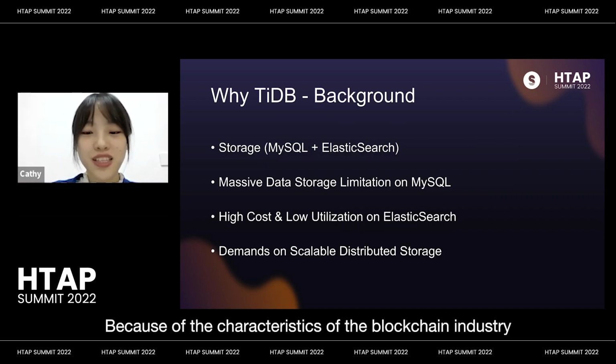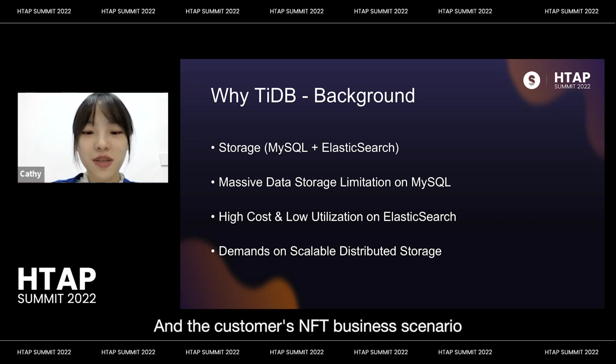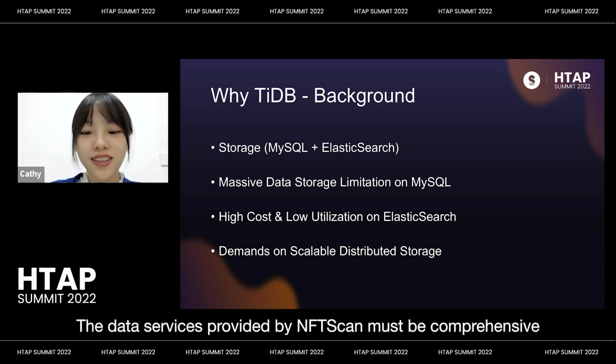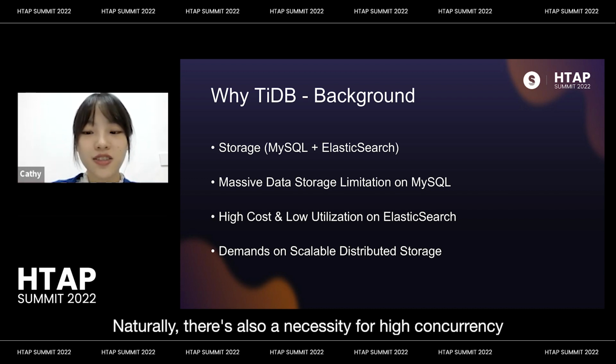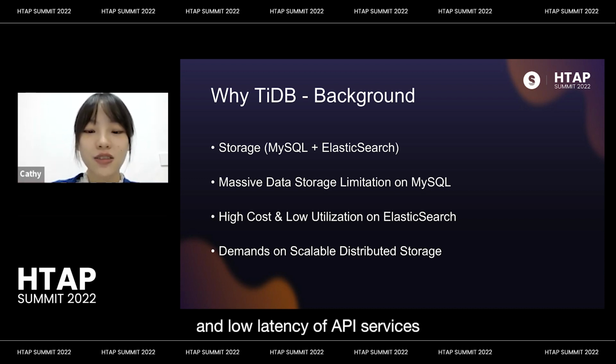Because of the characteristics of the blockchain industry and the customer's NFT business scenario, the data services provided by NFTScan must be comprehensive, real-time, and efficient. Naturally, there's also a necessity for high concurrency and low latency of API services.